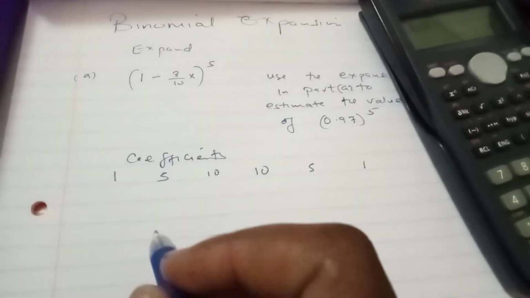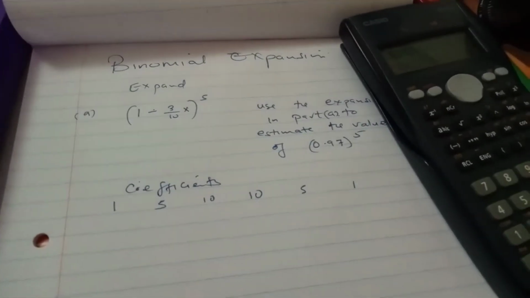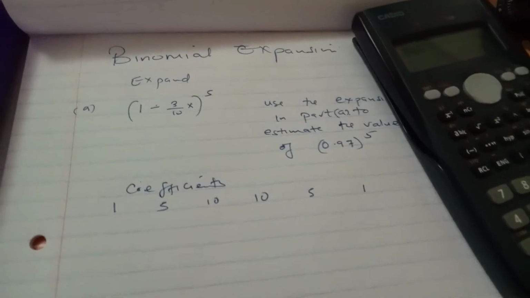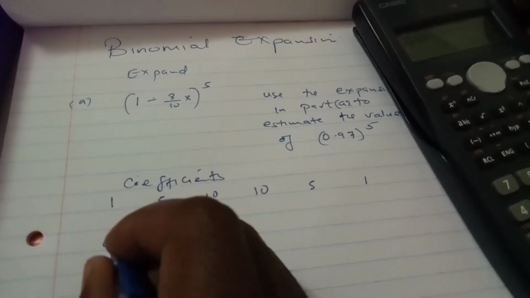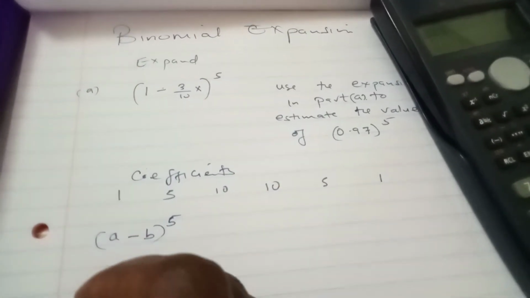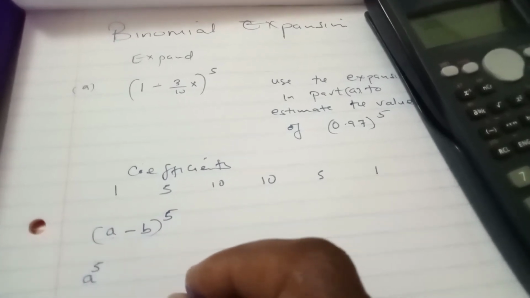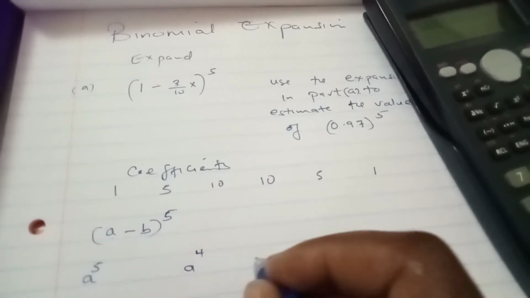So let's focus on our question now. When you're given a question like this, it is always very important to understand that if you're expanding something of this form, then the first term is to the power of 5. The second term is to the power of 4.